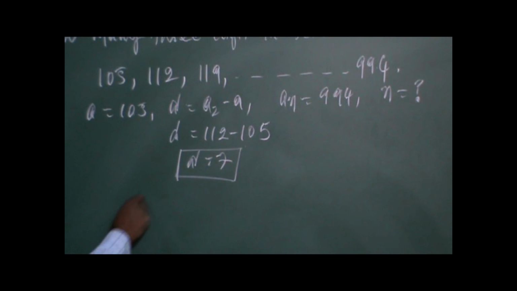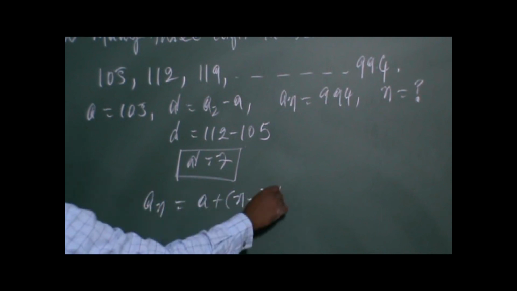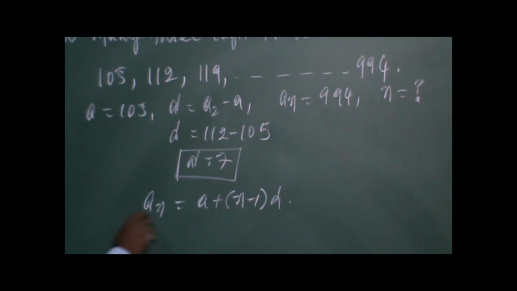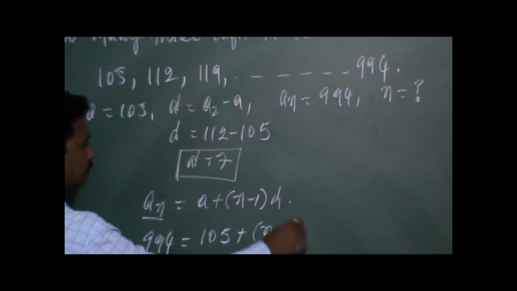So apply the formula. an is equal to a plus (n minus 1) into d. So an stands for 994, which is equal to a, which is 105, plus (n minus 1) into d, which is 7.